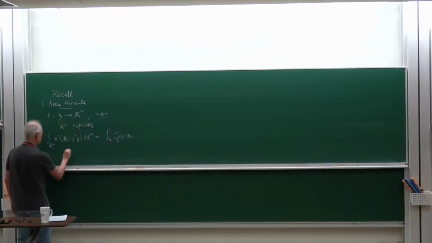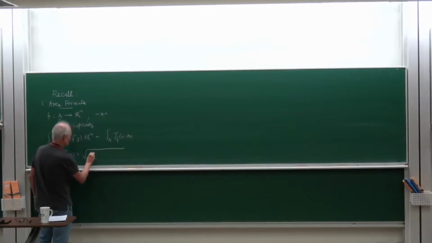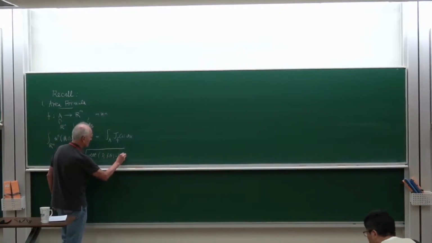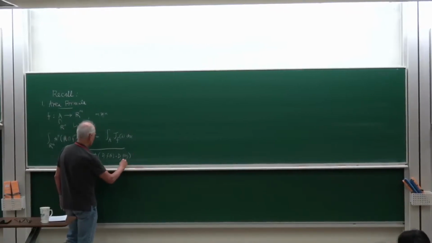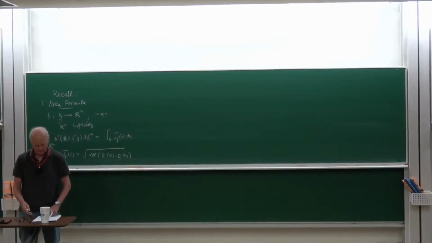And remember, JFx is the square root of the determinant of the n by n matrix DiFx dotted with DjFx. So that was one of the major things. We had to struggle a bit to give the proof of that, but we eventually got through it.